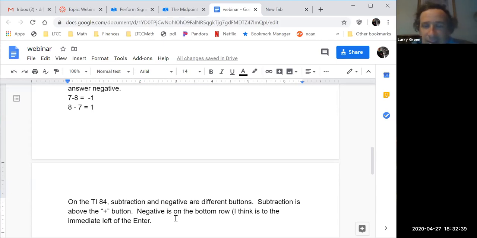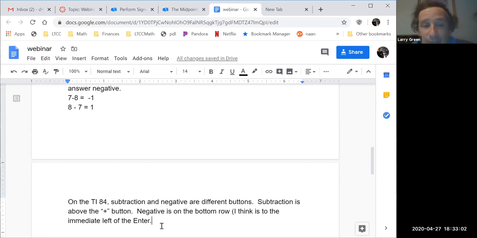This is those people in Texas. They've done a good job with the calculator, except for a few things, and this is one of them. They should have made that button work either way, and it could. Trust me, I know how to program. So there's a few things they shouldn't have done, and that's one of them: having those separate. So any questions on the TI-84?